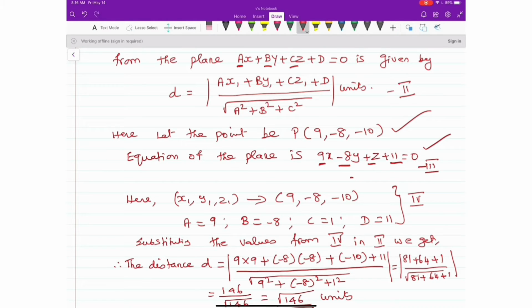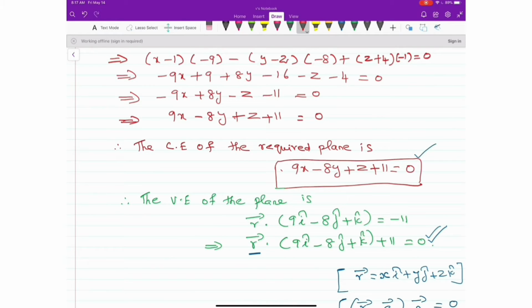Of course, you have to write your answer at the end, that is vector equation of the plane and Cartesian equation of the plane. They both will come under the first part of the question. Then the distance of the point from the plane that we got.